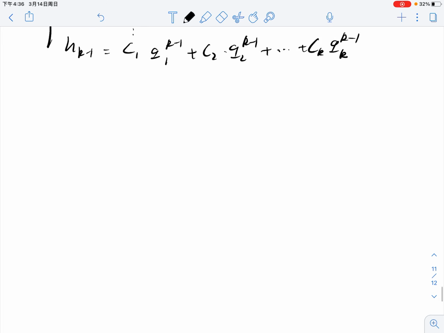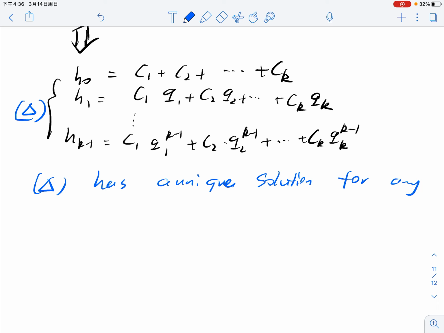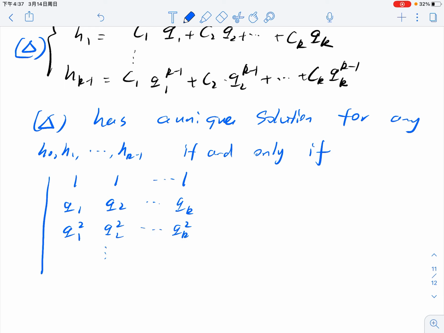Okay, and you note that by linear algebra, this system has a unique solution for any H0, H1, Hk minus 1 if and only if the determinant, you just take out the coefficients, and the determinant is different from 0.